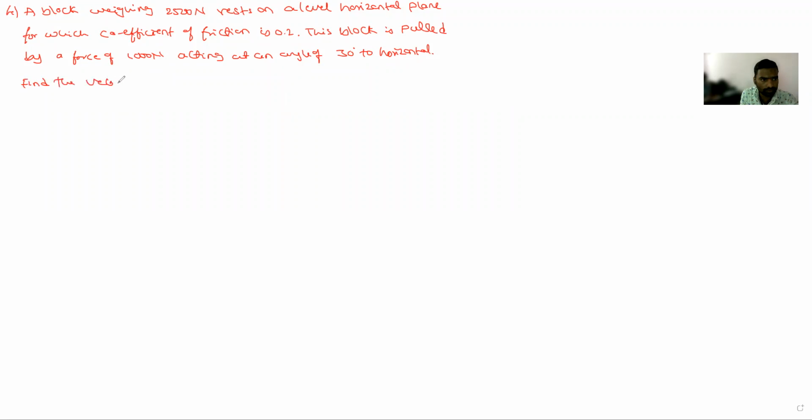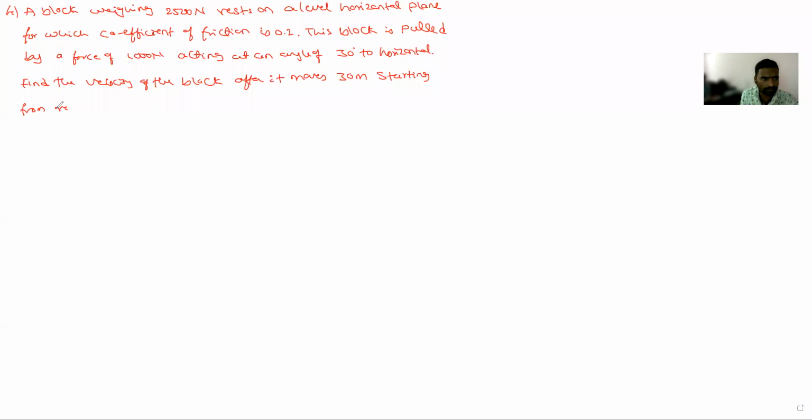Find the velocity of the block after it moves 30 meter, starting from rest.